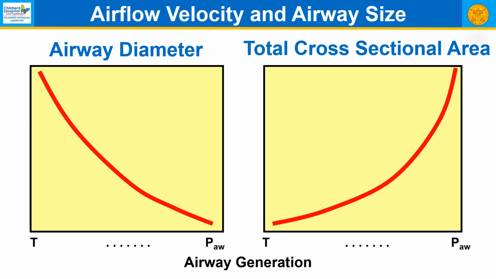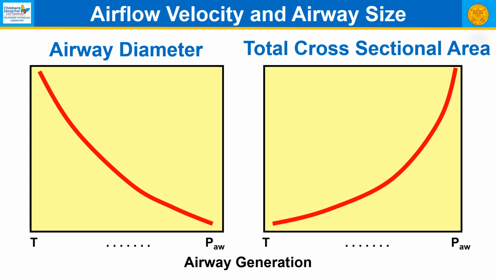So, airway velocity and airway size. The trachea is the largest airway in the body, all right? And as you go down toward peripheral airways, the caliber of each airway decreases. But the total cross-sectional area of all airways in that generation is the opposite. The trachea is the largest airway in the body, but there's only one of them.